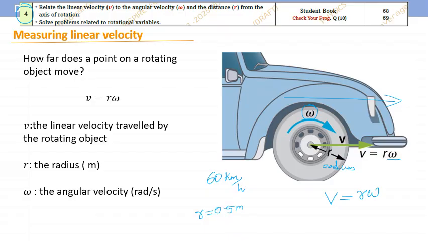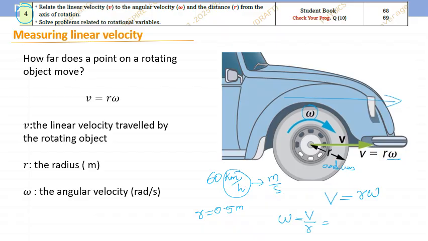Then you can use this information to calculate the angular velocity. But remember that whenever you do the calculation, convert kilometer per hour into meter per second. Then do the calculation. So over here, omega is linear velocity divided by radius. So I can calculate omega by using v divided by r.